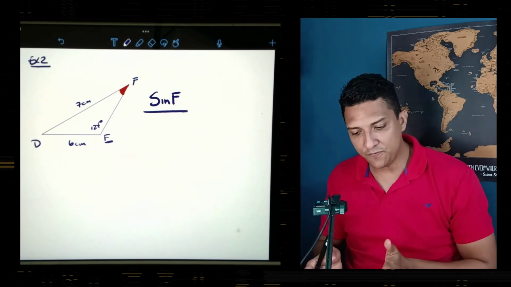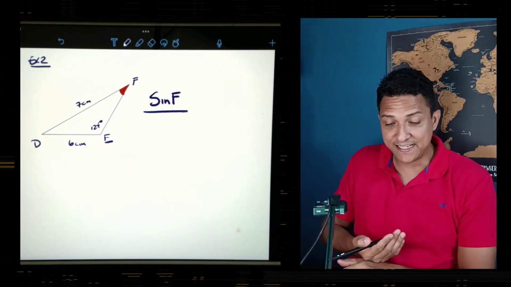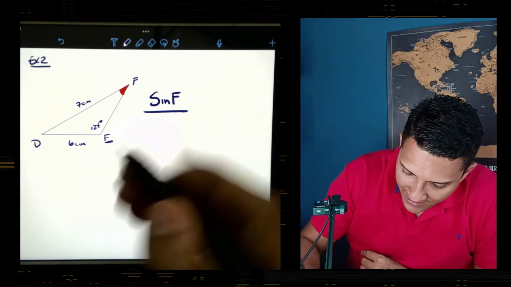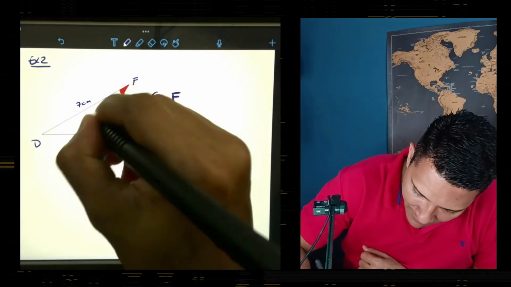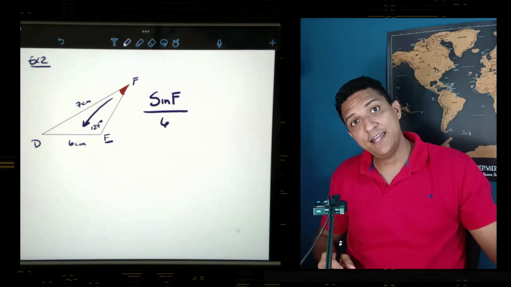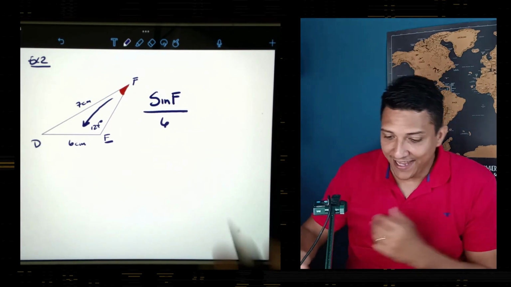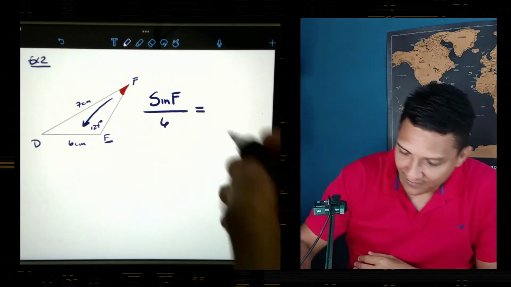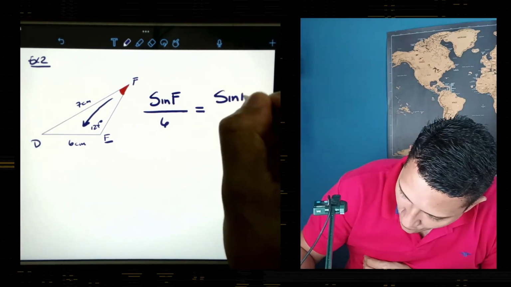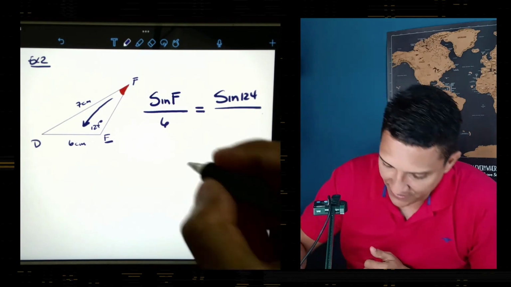Sine of F is to its opposite side. What is the opposite side? DE, which is 6. So remember, the sine of F is to its opposite side as the sine of E, the sine of 124, is to its opposite side.